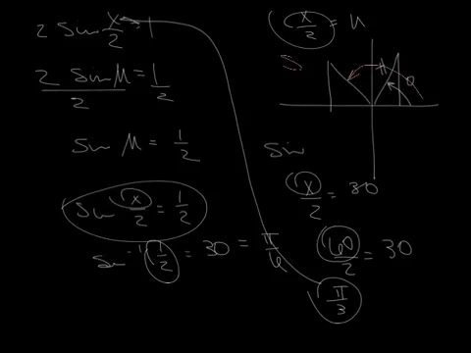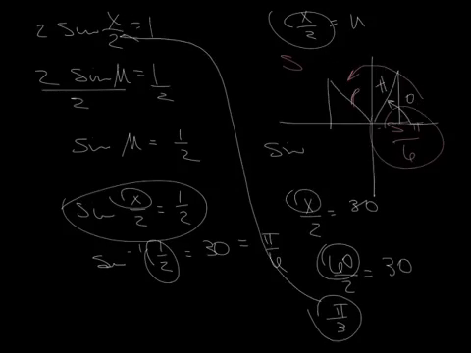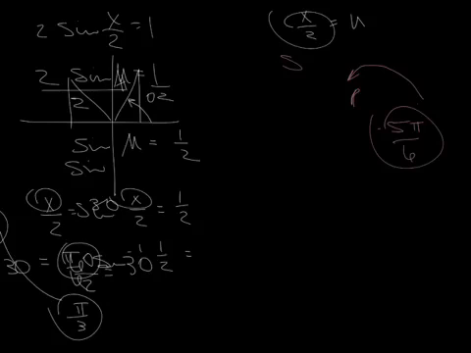So this is a 30-degree angle shy of being 180 degrees. So this is a 150-degree angle. And what is a 150-degree angle in radians? It's going to be 5 pi over 6. So 5 pi over 6 is going to be what my x over 2 is as well.